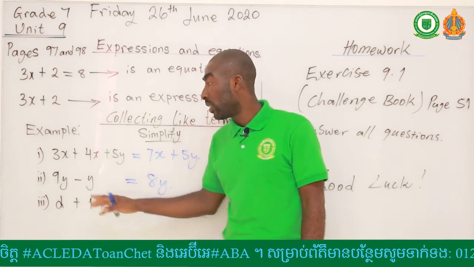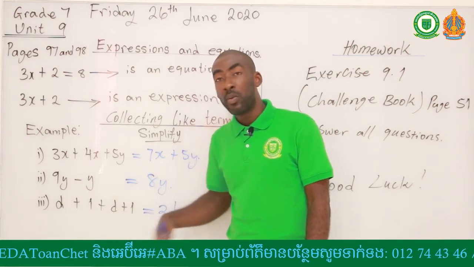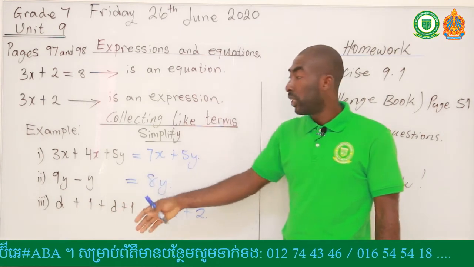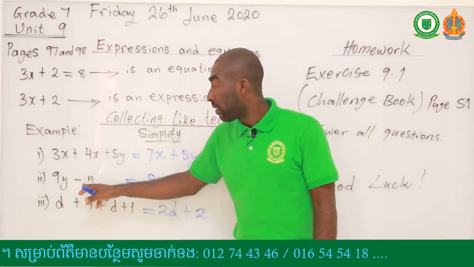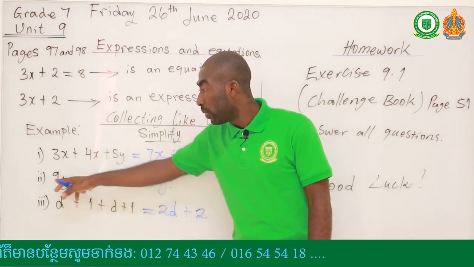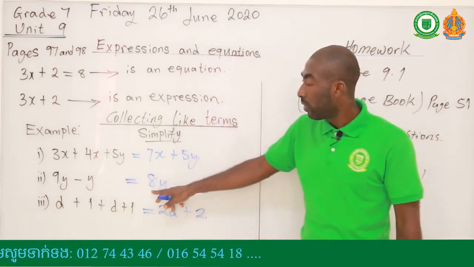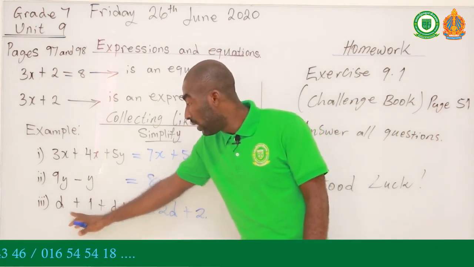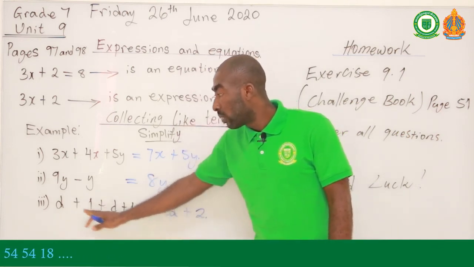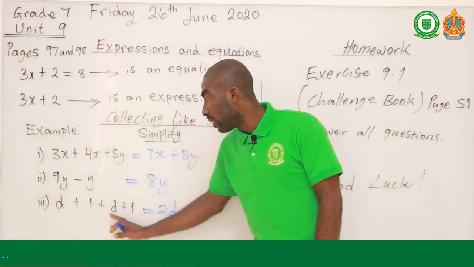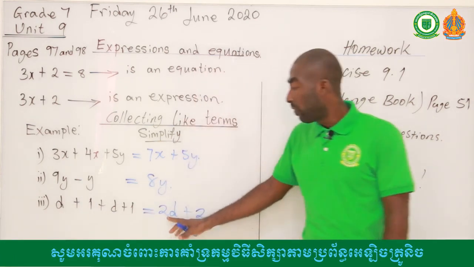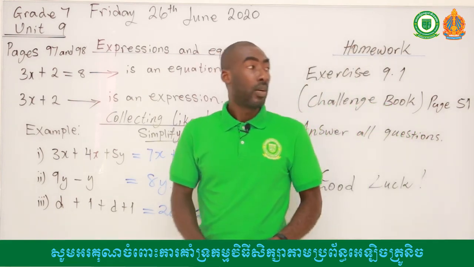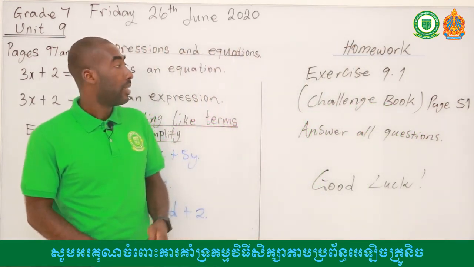Anytime you meet this situation, you know there's one here which we don't write. But when you are doing your solution, you should factor in that there is one here, so one should be subtracted from 9, and that will give you our answer of 8. The same way, this is D and D, but because we don't write the one, 1 is here and 1 is here, so putting the two together will give us 2D. Very good for understanding this part.